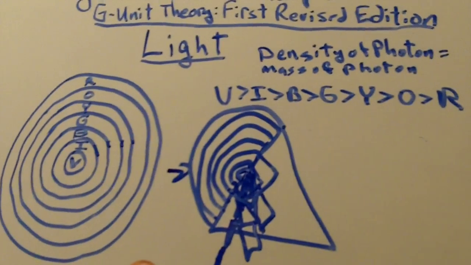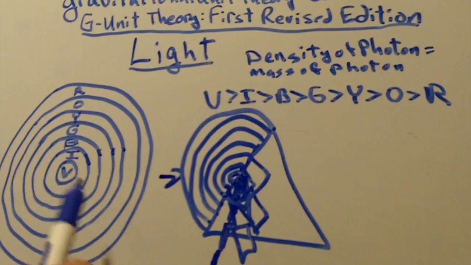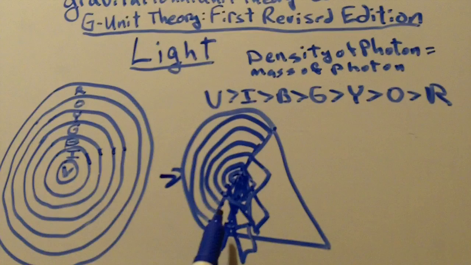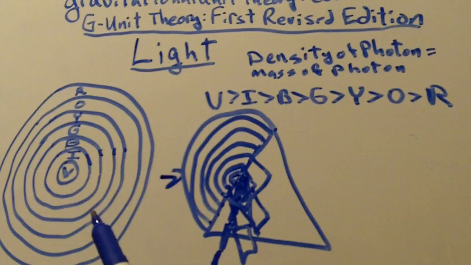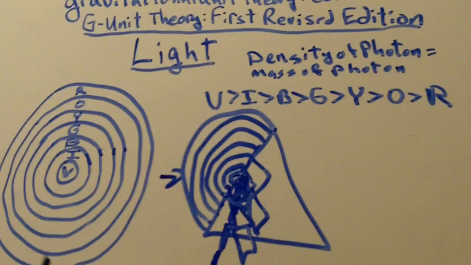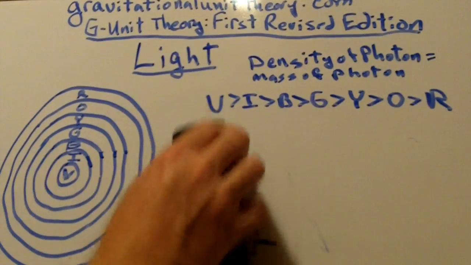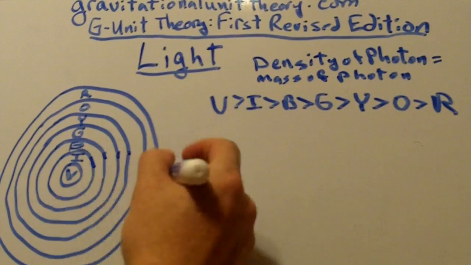So the way I look at this is that the masses are causing an elution effect upon the impacting of a prism, and that's how the rainbow is formed from a photon of white light.